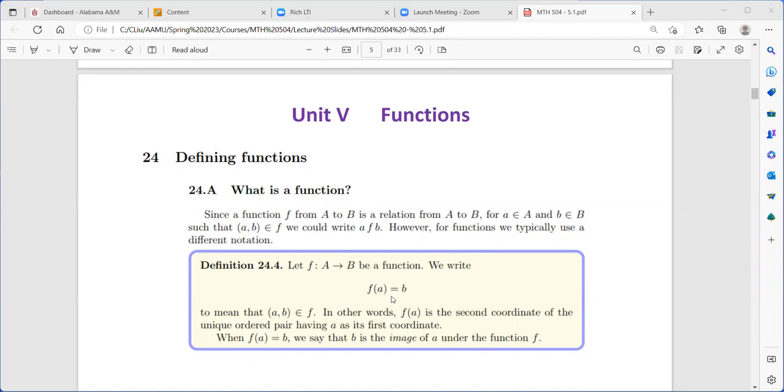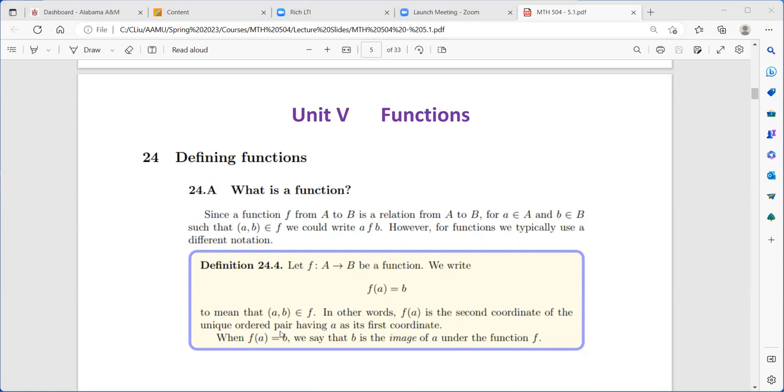All right. So from this notation, f of a equal to b, a is the first coordinate and b is the second coordinate of the ordered pair. So this basically gives us one ordered pair in the function. Okay.